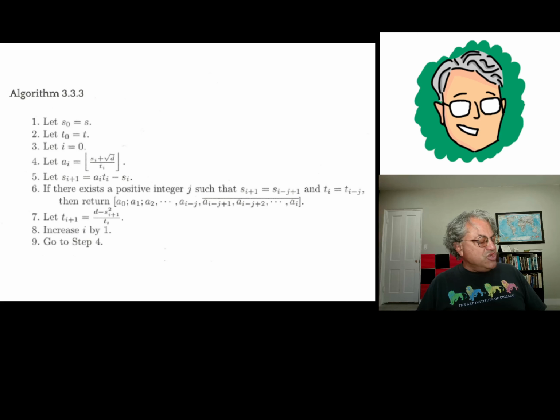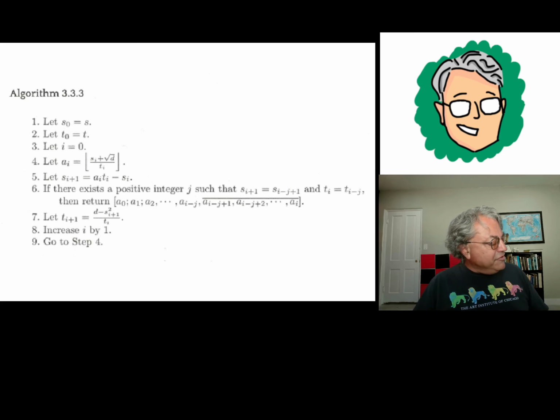It's just period j. That means we put a line above the last j coefficients we computed, in other words, a sub i minus j plus 1, a sub i minus j plus 2, and so on, all the way up to the last one computed, which is a sub i. That'll give us our period. Once we do that, we're done and we can stop. But if that doesn't happen, then we have to keep going.